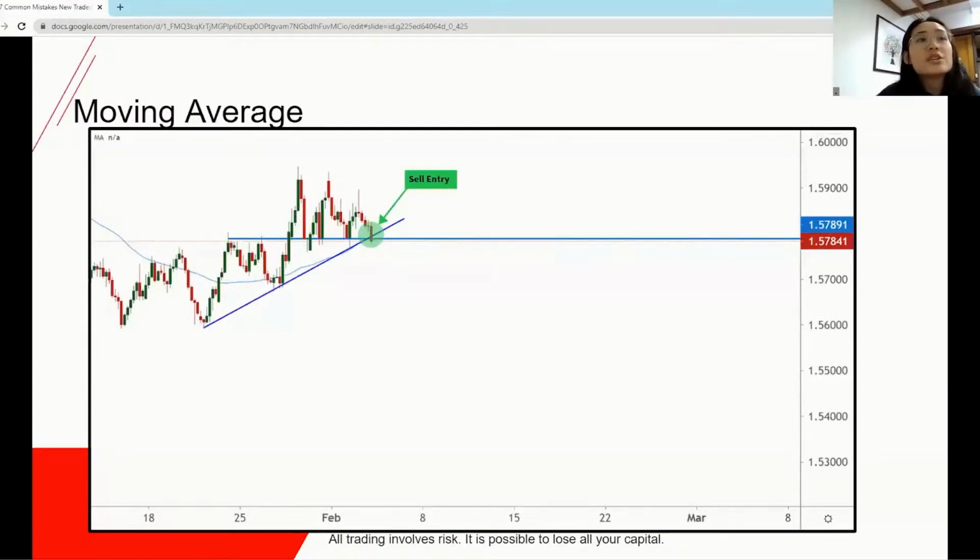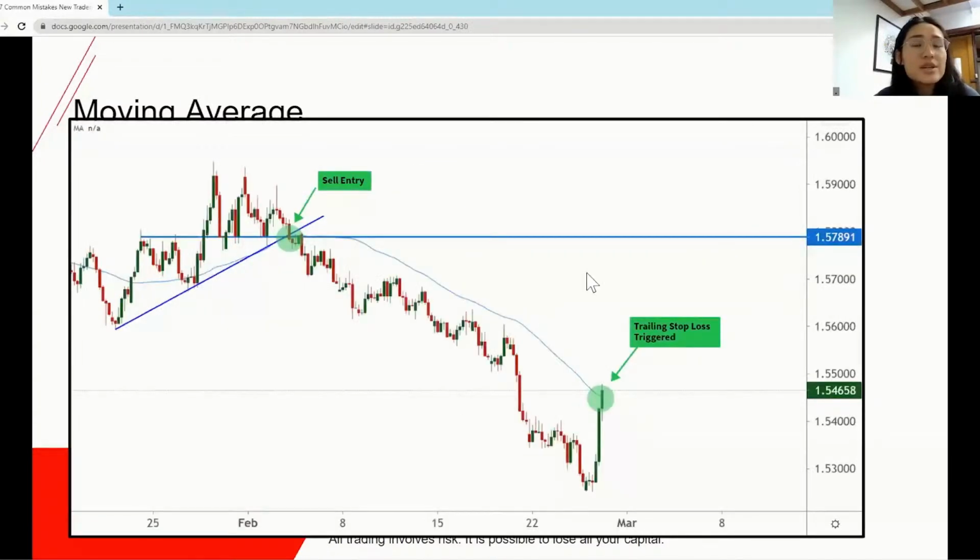So here is an example of using the moving average trailing stop loss. Sell entry is over here at our green highlighted circle. And you can see our trailing stop loss is triggered once price hits our moving average indicator. It's pretty straightforward. You're basically making use of the indicator to get out of a trade.